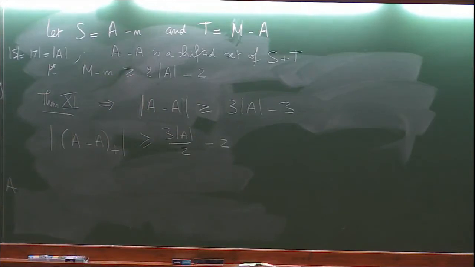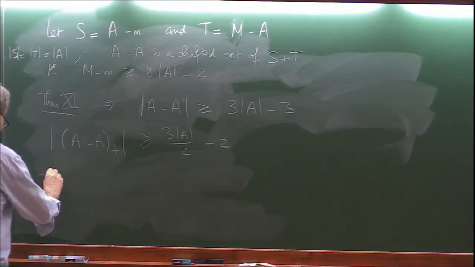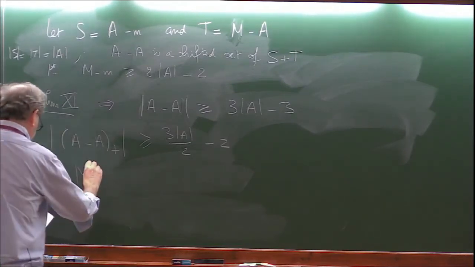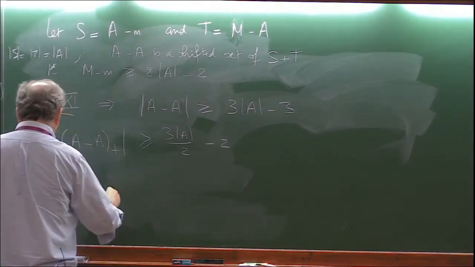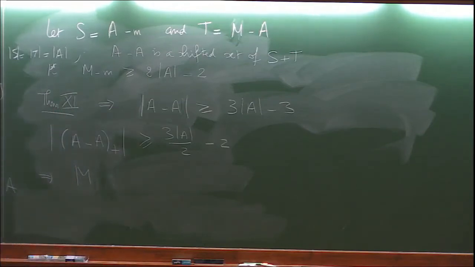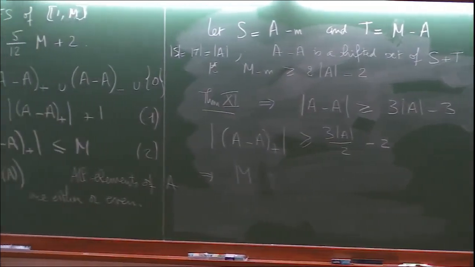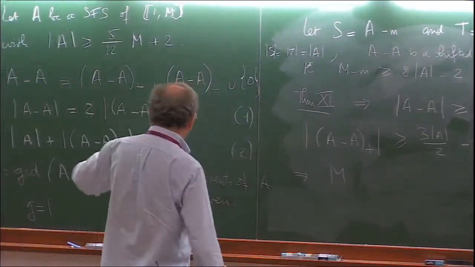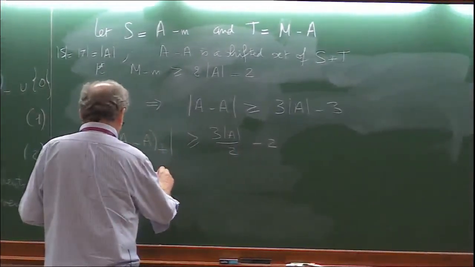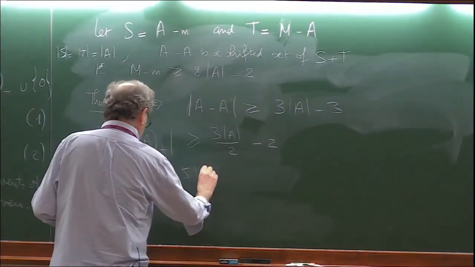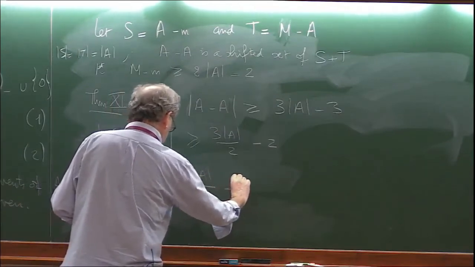And then this implies, little calculation, this implies that M of A is, you know that it is larger than A plus the number of elements here. So since you have a lower bound for this, you have a lower bound for capital M, and you have m which is larger than 5a over 2 minus 2.